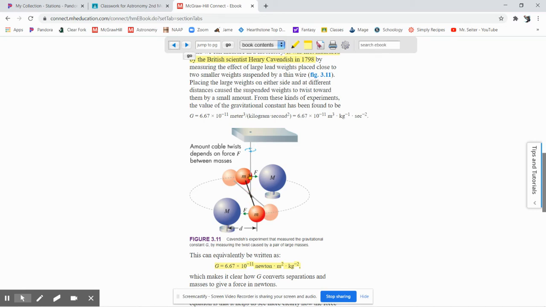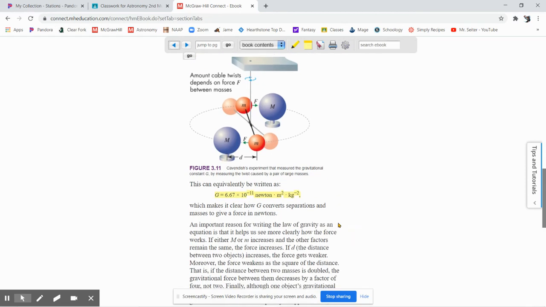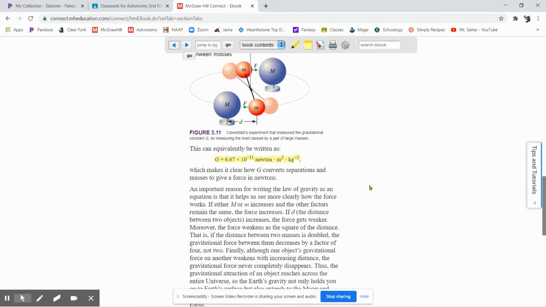He would measure the twist by this pole between the two objects. This came out to be the gravitational constant, 6.67 times 10 to the negative 11 newtons times meters squared times kilograms to the negative 2, which makes it clear how G converts separation and masses to give a force in newtons.